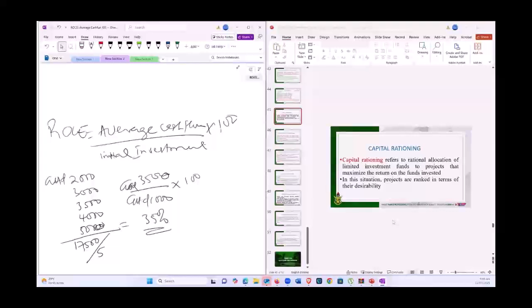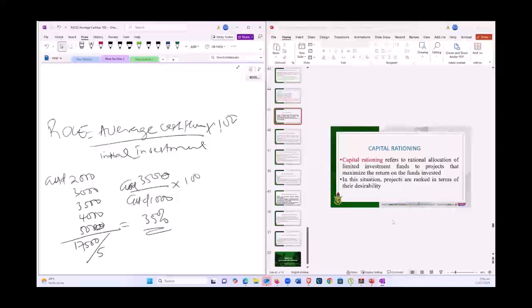So capital rationing, we have two types. We have hard capital rationing and soft capital rationing. Hard capital rationing is externally imposed. The firm may want to raise funds, because its current capital may not be enough to take advantage of all the opportunities it has identified.